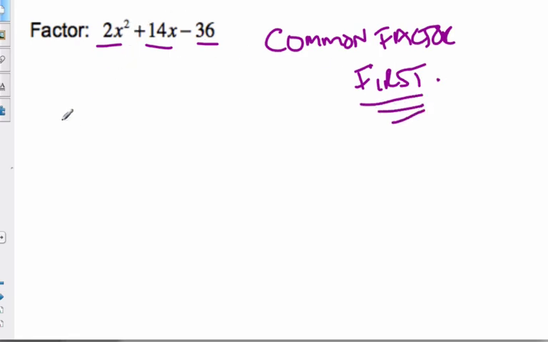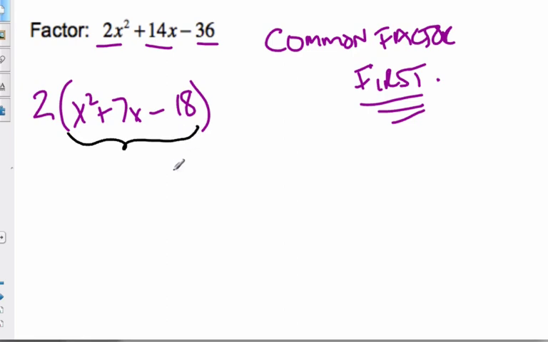And here I do have a common factor, so it's 2 times x squared plus 7x minus half of 36, which is 18. And now I'm going to purely deal with this part to factor. I make my cross. I get negative 18x squared. Here I get 7x. And now, of course, you should pause it, try it yourself, finish it off, and then check to see.